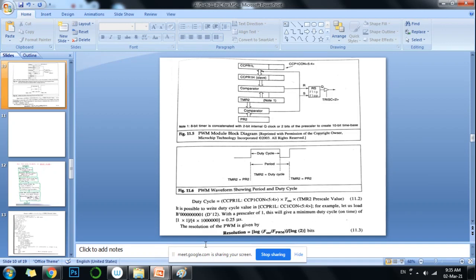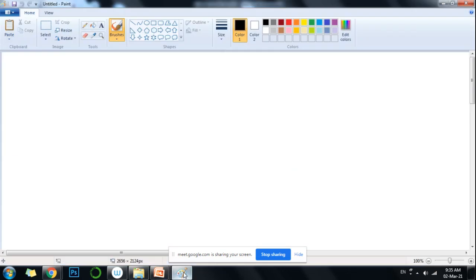Okay, so yesterday we have discussed two modes of operation of these CCP modules. One is capture mode and then compare mode. Now the next mode of operation is PWM mode. So we are discussing the different modes of operation of CCP modules. There are two CCP modules, as you know, CCP1 and CCP2.